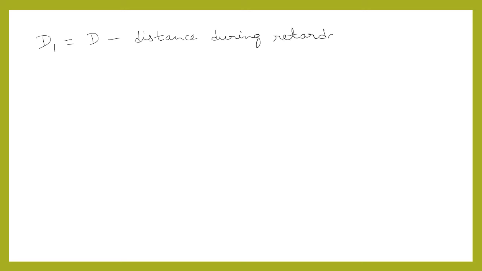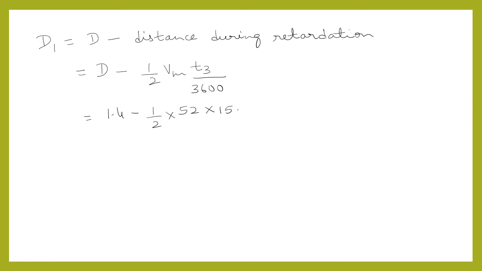So D1 is total distance D minus half Vm T3 by 3600, that is 1.4 minus half into 52 into 15.8 by 3600.